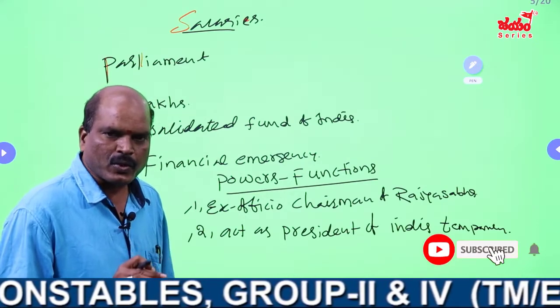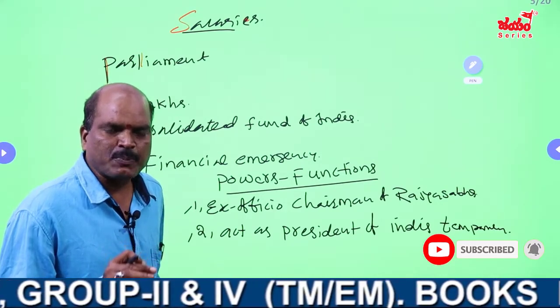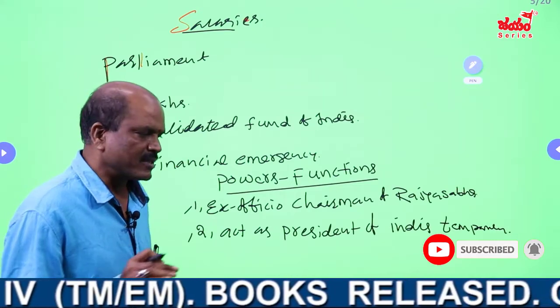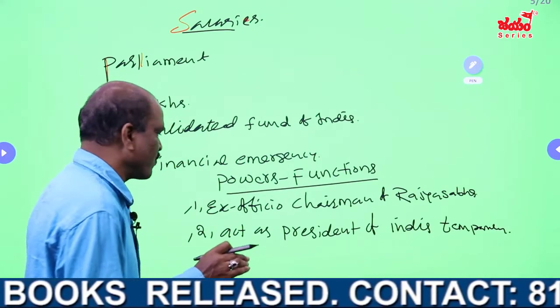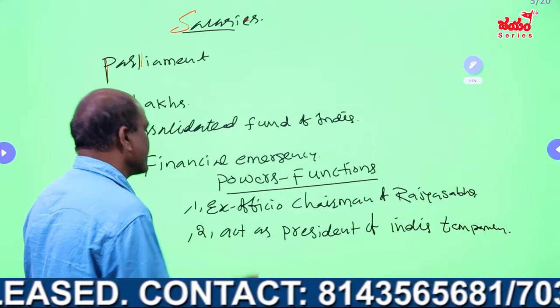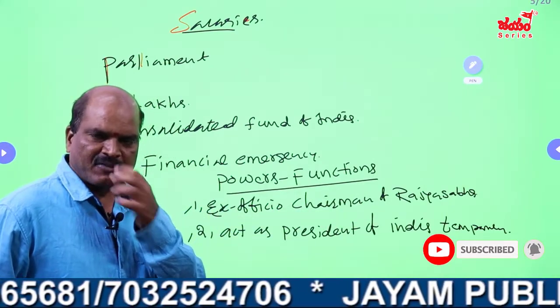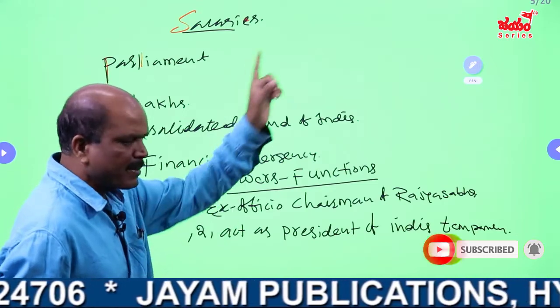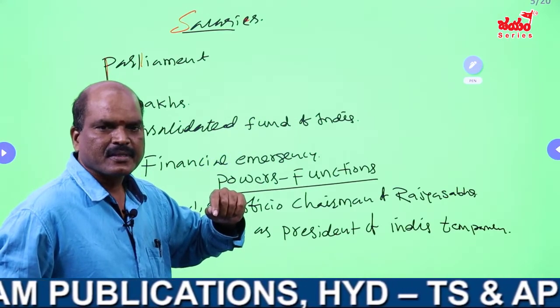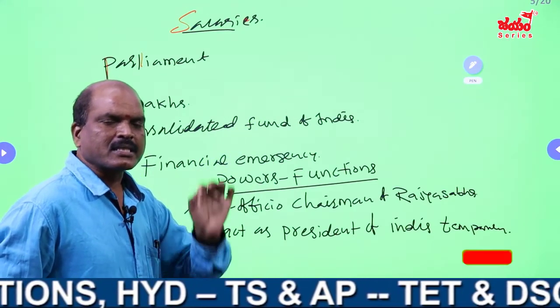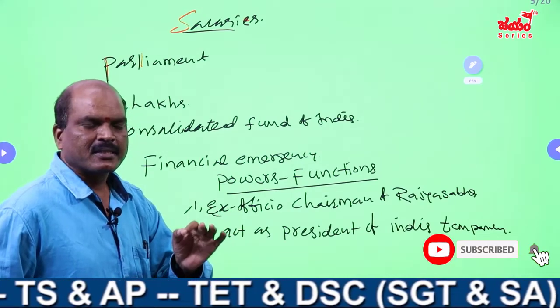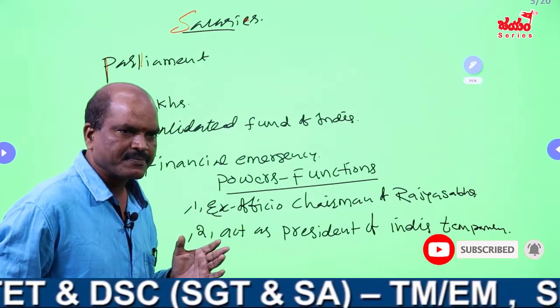According to the Constitution, the Vice President is the ex officio chairman of Rajya Sabha. We adopted this system from America. Rajya Sabha's first chairman was Sarvepalli Radhakrishnan.